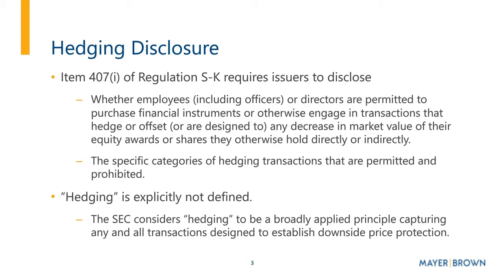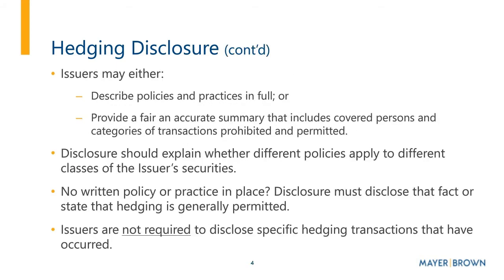The SEC explicitly declined to define hedging, instead considering it to be a broadly applied principle that captures all transactions that are designed to establish downside price protection. The rule requires issuers to either disclose their policies or practices in full or to provide a summary, as long as that summary describes how the policies and practices apply to the covered persons and identifies the categories of permitted and prohibited transactions.